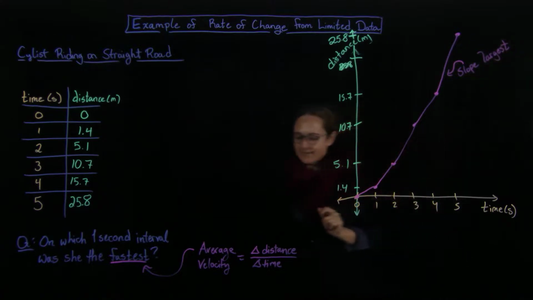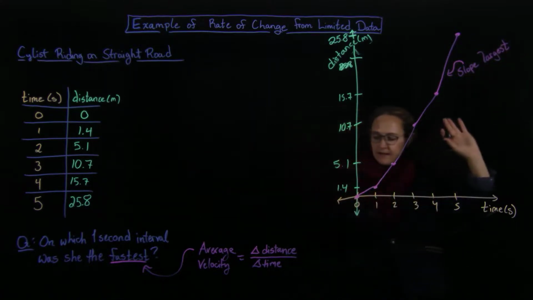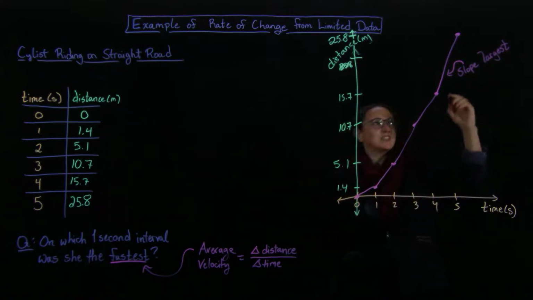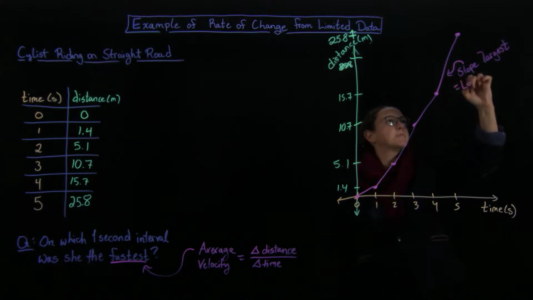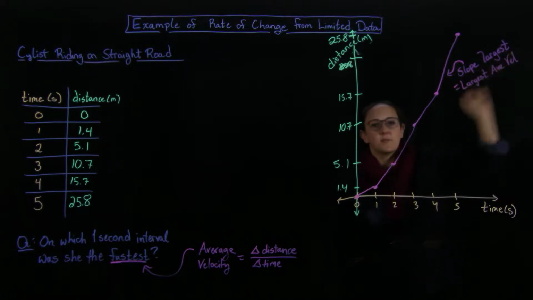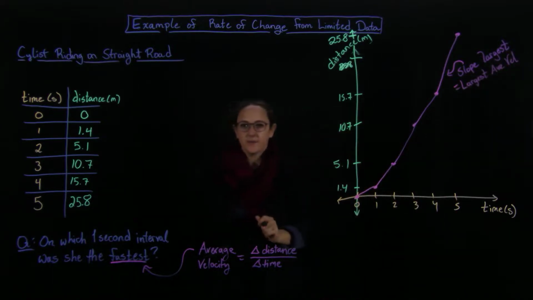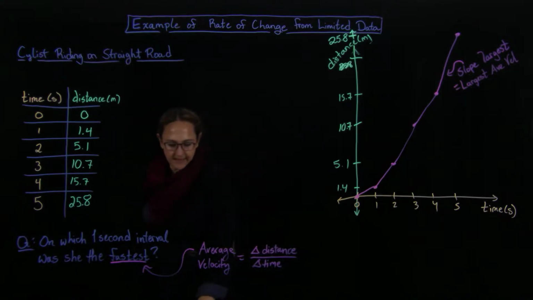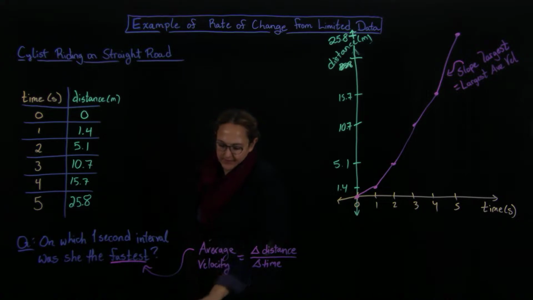Which indicates to me that the average velocity is the largest. So this equals the largest average velocity. I've just abbreviated average velocity there. Okay, so then when looking at this, I can compute this over here.